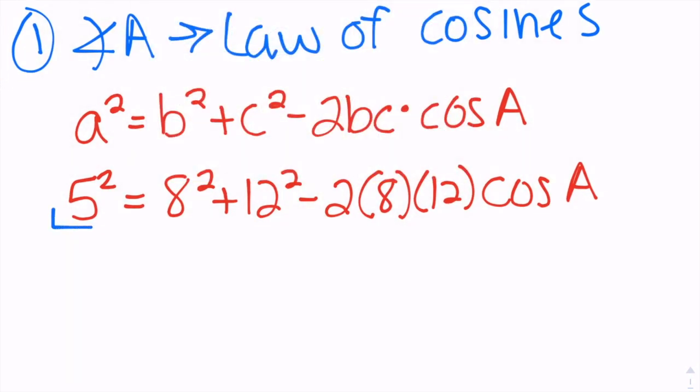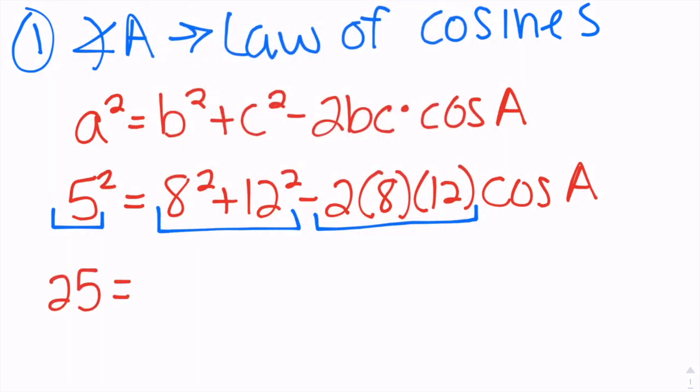And I'm going to start simplifying this in groups. I'm going to do 5 squared, 8 squared plus 12 squared, and then negative 2 times 8 times 12. So 5 squared is 25. 8 squared plus 12 squared is 208.